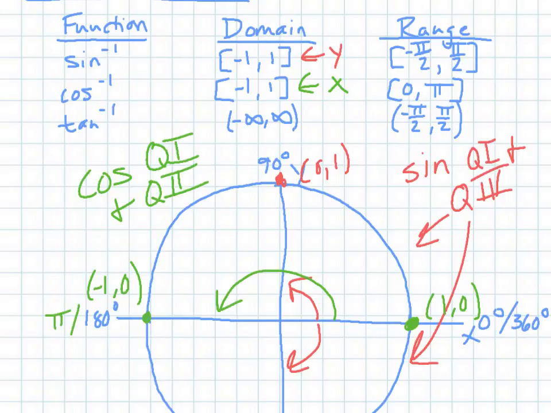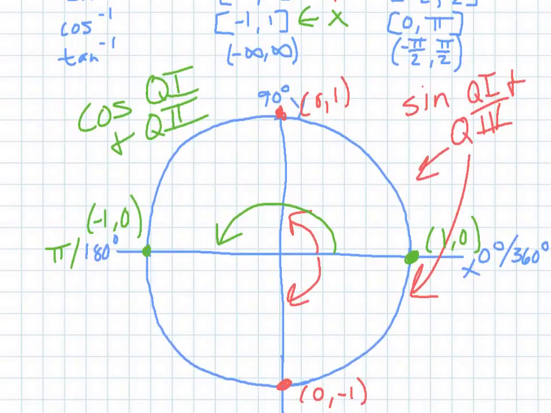And then for tangent, now tangent's a little different. It's very similar to sine in the sense of its restrictions, but remember, tangent can be whatever it wants to be.